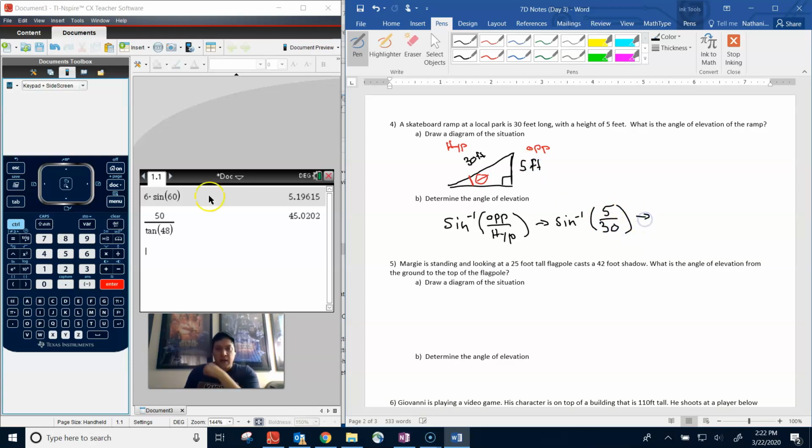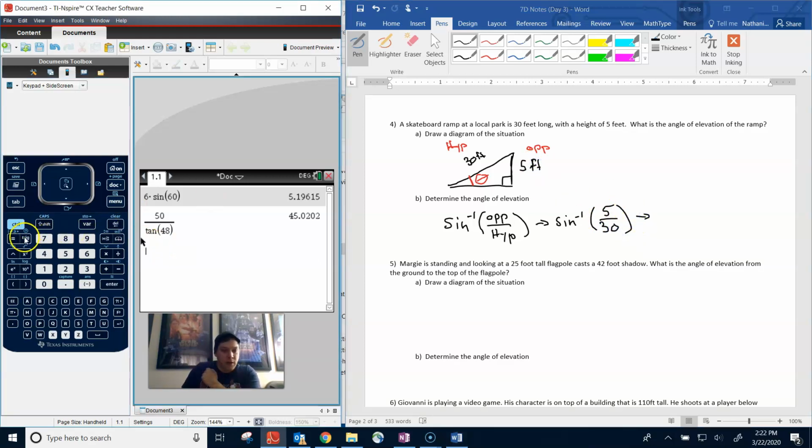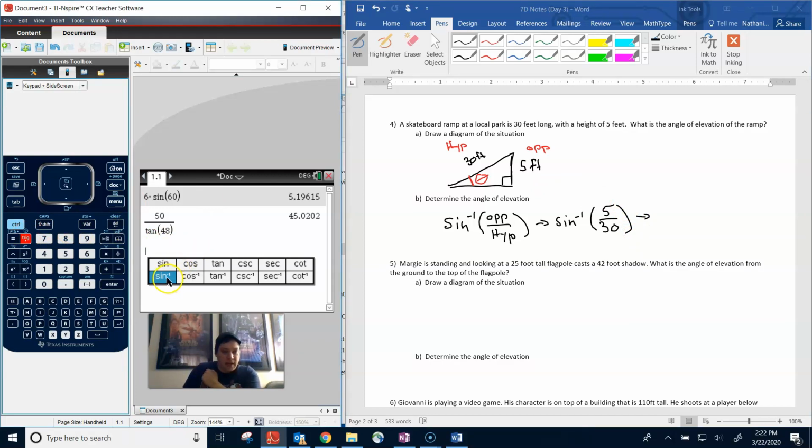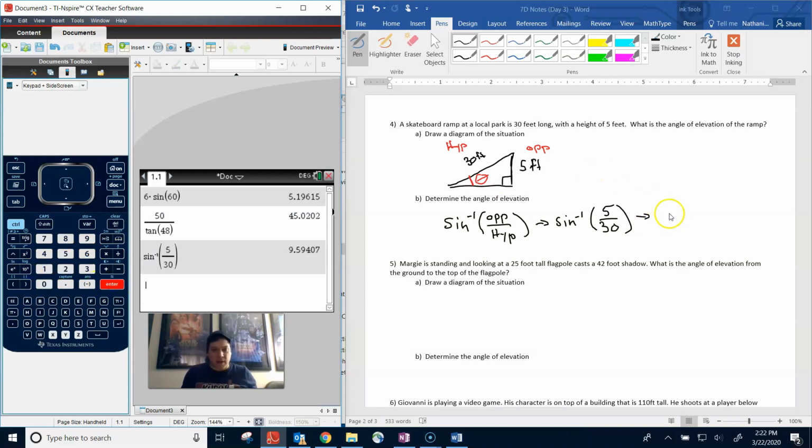In your calculator, go trig, down to sine inverse of 5 divided by 30. If you want, you can close the parenthesis, it doesn't matter. We get about 9.59 degrees. And that would be your answer.